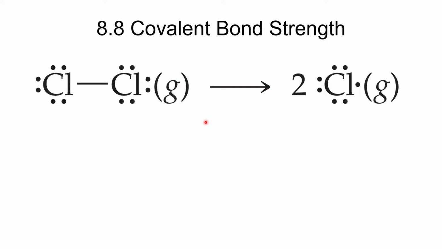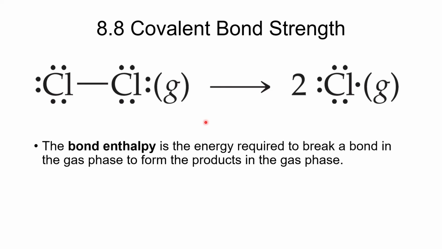So the amount of energy that's required to break a gas phase molecule, a bond, into its atoms, right? To break this bond into its atoms, and we're going to give 1 electron to each, that matters, okay? We call that the bond enthalpy. That's how strong that bond is.